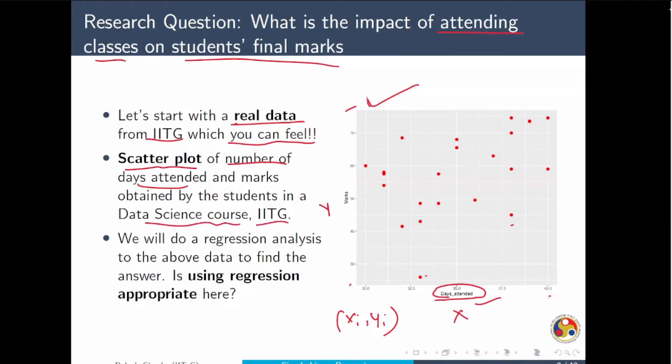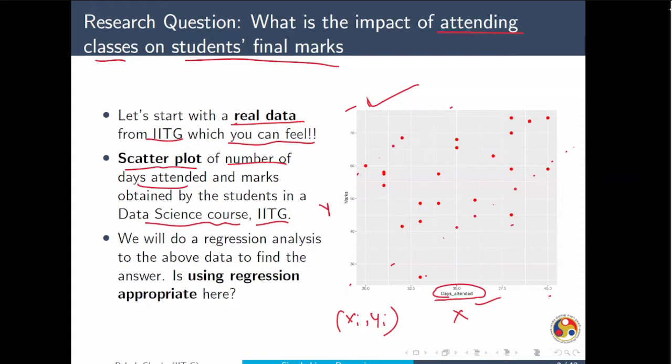Now what do you see? These are the points on the graph, and if you look closely, you will sense that there is an increasing trend. As students attend more and more classes, they are more prone to having more marks.